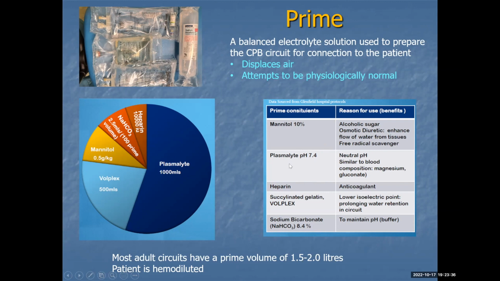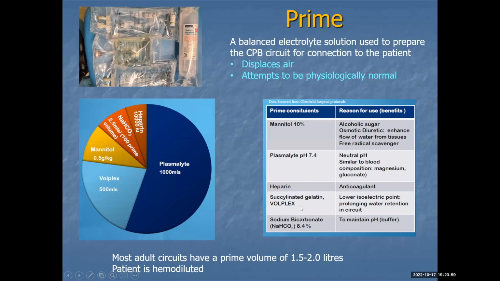The reason we use it is because it's pH normal. So we're trying to make it as normal for the patient as possible. We're trying to avoid a massive shift once we connect the patient up to our heart-lung machine. Now, Plasma-Lyte is more expensive than your Hartmans or your Ringers or even Saline, and other centres do use those, but we like to try and maintain our pH as normal as possible.